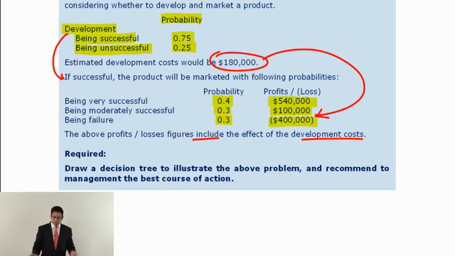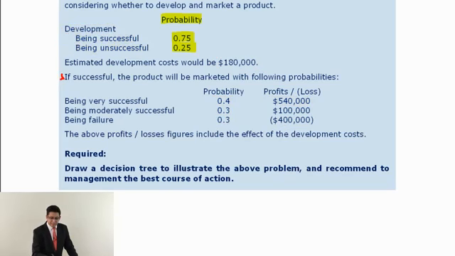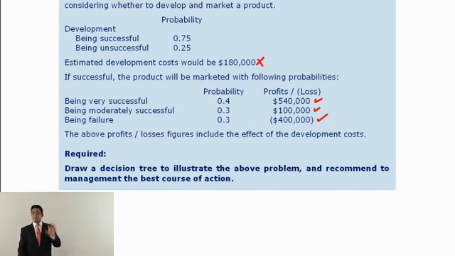If examiner was saying the above figures exclude the effect of the development cost, then we had to further subtract $180,000. But we wanted to keep questions slightly straightforward so that you are not involved in basic calculations, you are focusing on the decision tree. So there is no actually adjustment required in relationship to 180,000, 540, 100,000 and loss of 400,000. That's the final net profits from this project.